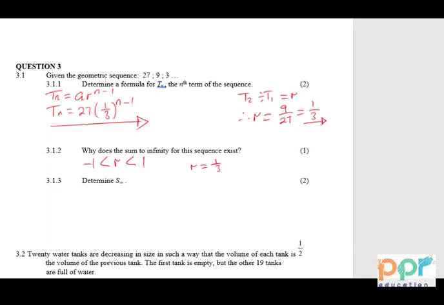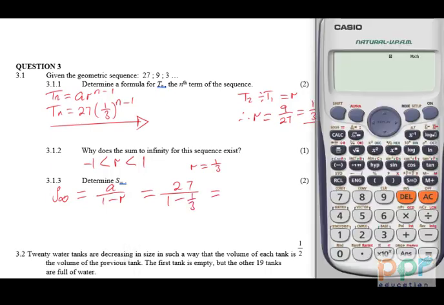So now they ask us to determine the sum to infinity. We're having a formula for a sum to infinity which is a over 1 minus r. So if you look at a yethu siyazi ukuthi 27 over 1 minus 1 over 3, then we need to punch a calculator.